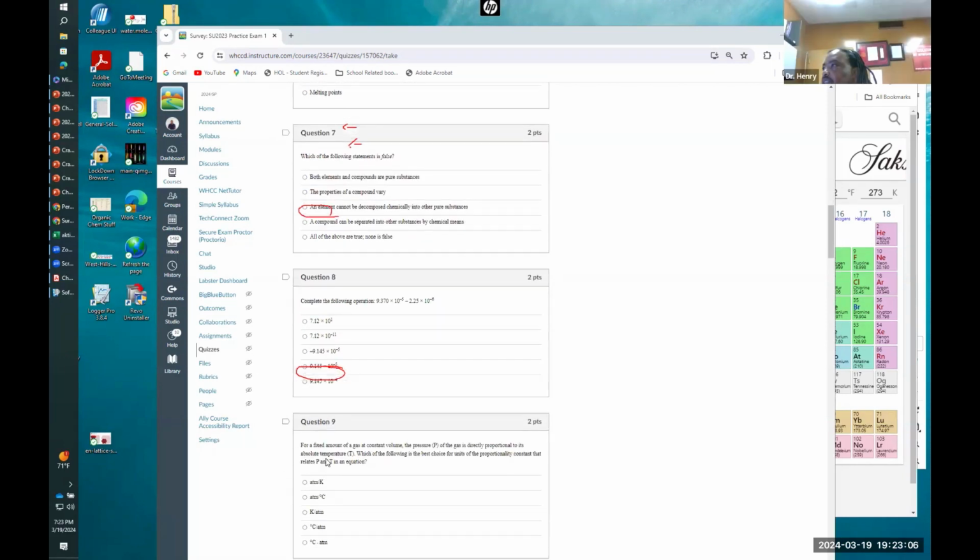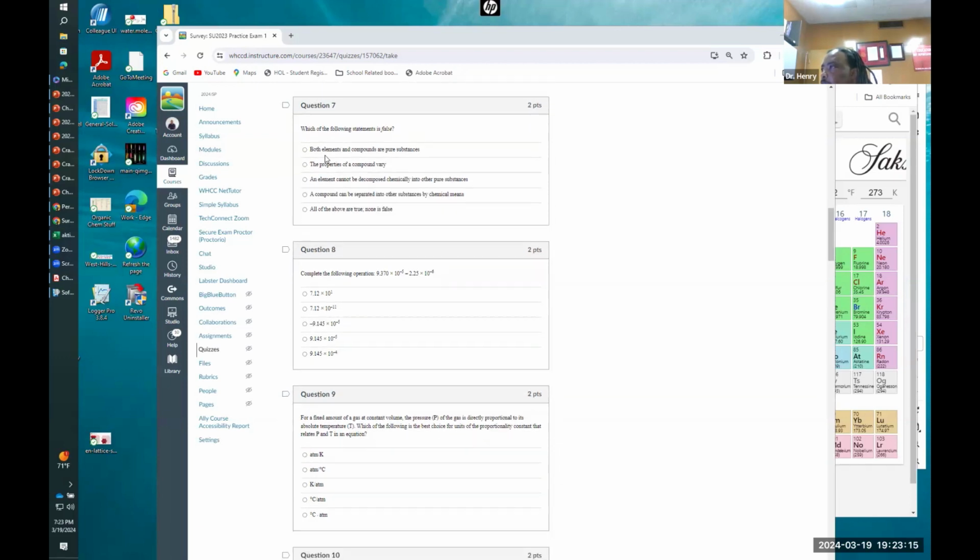Okay. Number 7. Which of the following statements is false? A, both elements and compounds are pure substances. B, properties of a compound vary.